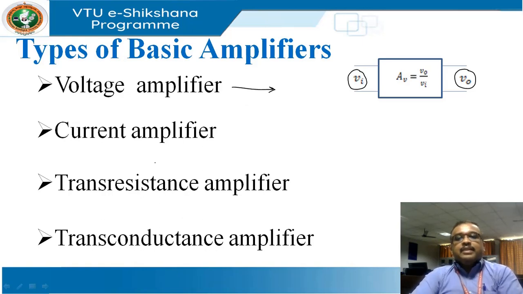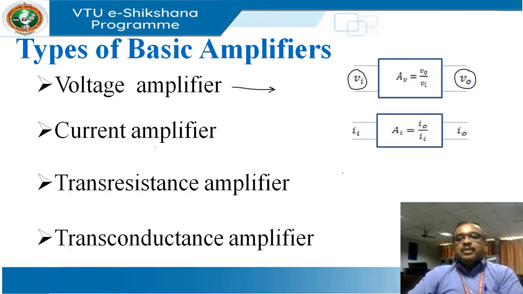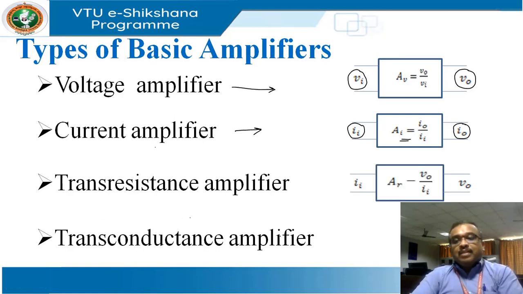Okay. Now let's see the current amplifier. How does it look? A current amplifier looks like this. Very obvious that both the input and output quantities must be current quantities. Why? Because finally the gain, when I find it, should have only current values, I0 by Ii. So hence the name current amplifier. Then we have something called a trans resistance amplifier.